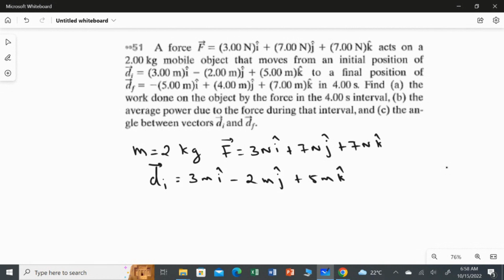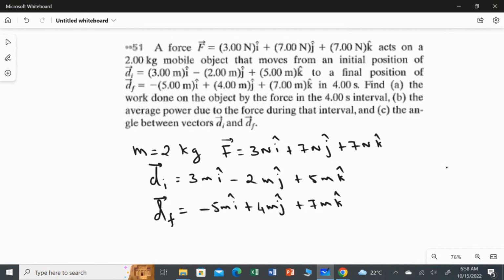This is the first position. And what is the final position? The final position is also given in vector form: minus 5 meter I cap plus 4 meter J cap plus 7 meter K cap.